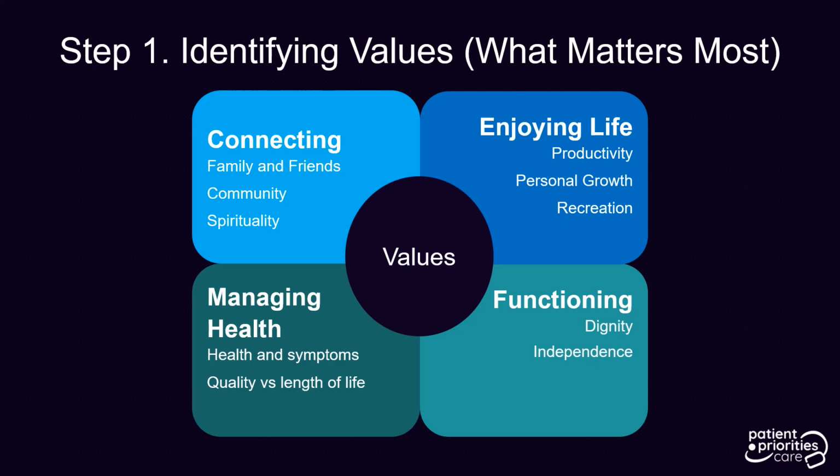A third domain is managing health, including managing symptoms and quality of life. Patients often vary in terms of how they balance improving quality of life versus extending their life, and which symptoms they most want to manage. The fourth domain is functioning.